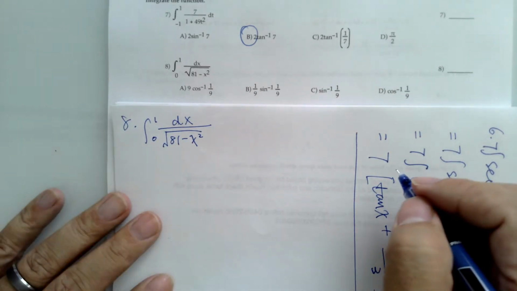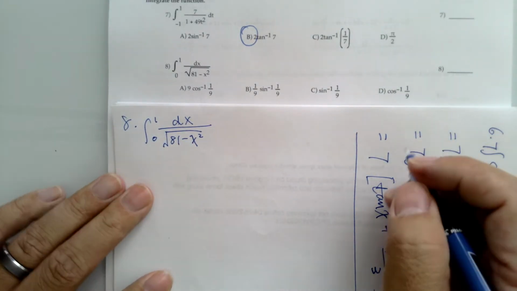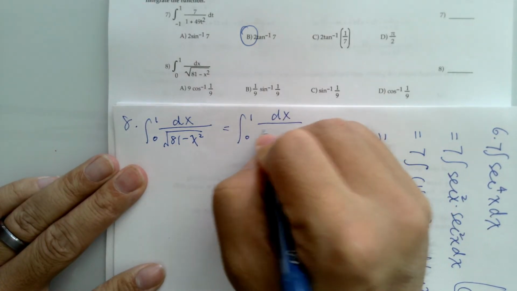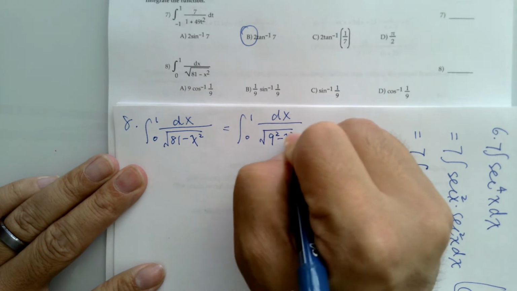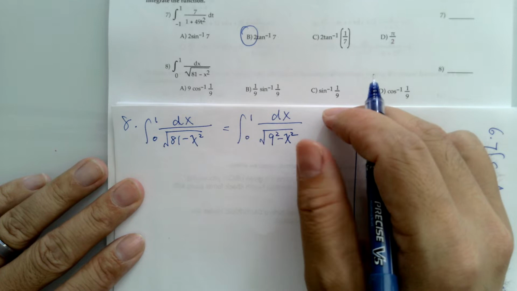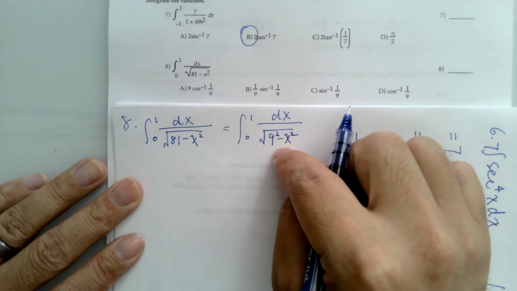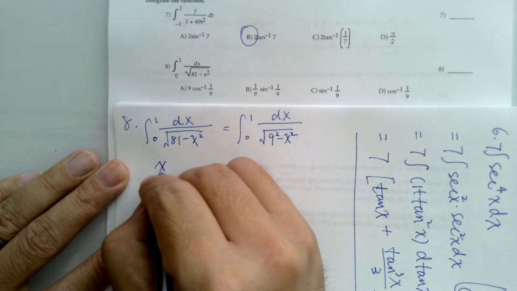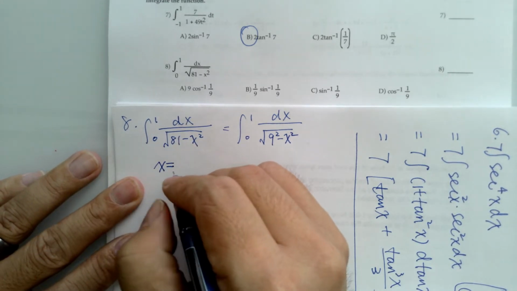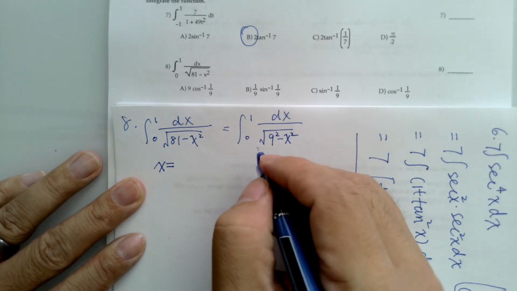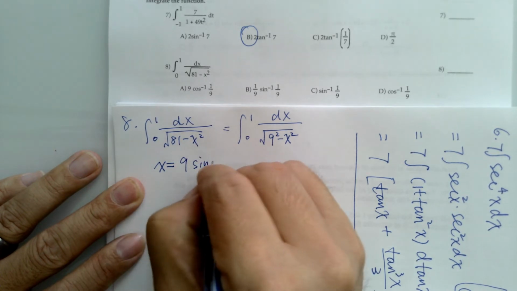Right. Okay, so regarding this scenario, what we need to do is handle the square root of 9 minus x squared here. One substitution when you have the square root of r squared minus x squared is to set x equals r, which in our problem is 9, times sine of theta here.